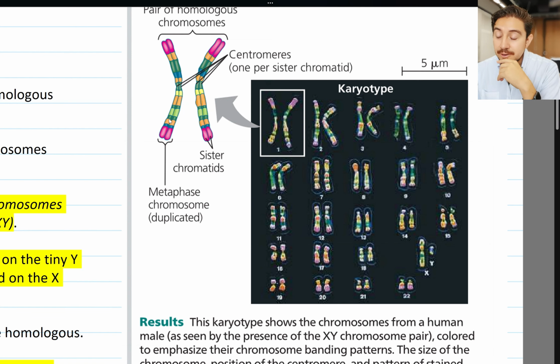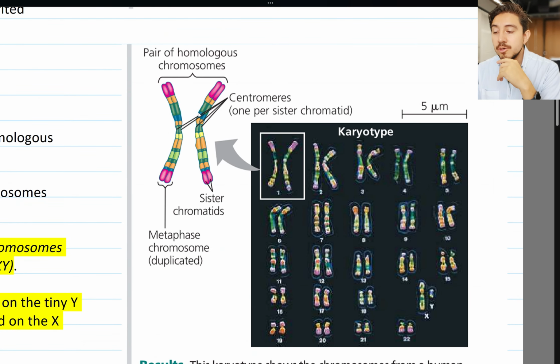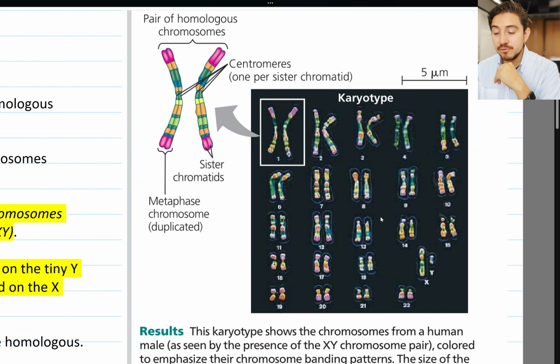If you see here, you have one chromosome with its copy, the other chromosome with its other copy. So chromosome number 1 and 2, you can think about it as a homologous pair. Pair number 1, pair number 2 and 3 and 4 and so forth until you get to that 22nd pair, and then the sex chromosomes that I'm going to talk about in a bit.